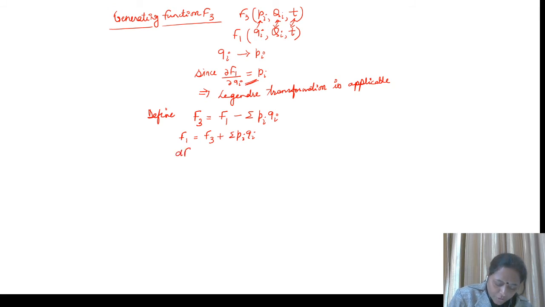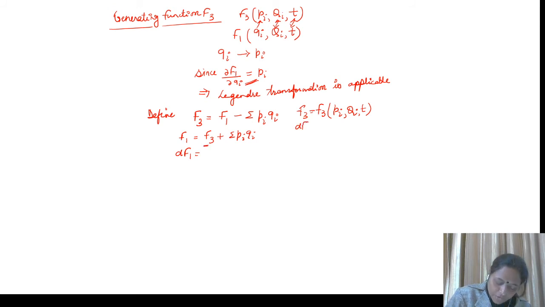You may find the value of df1 in the same way as I calculated for f2. Here your f3 will be a function of pi, Qi and time, since you have to replace qi by pi. So for that, f3 will give df3.